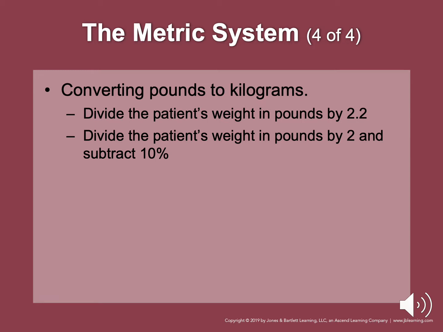Minus 10%, which is 2, is 18. Okay, that's how you get from pounds to kilograms, because a lot of your medication stuff is going to be measured in kilograms.